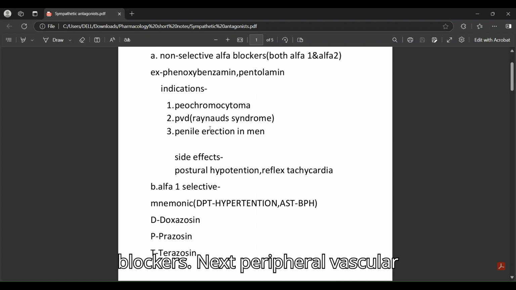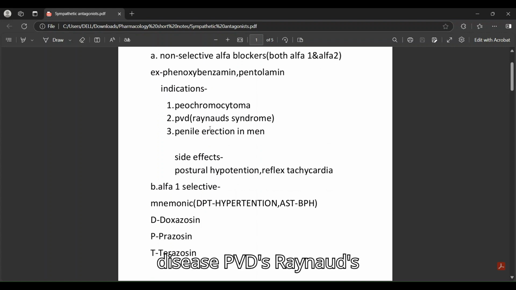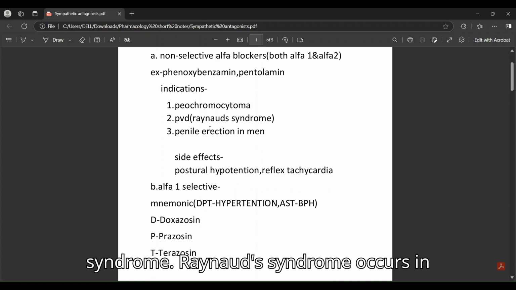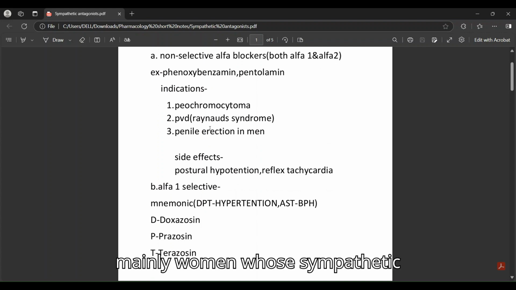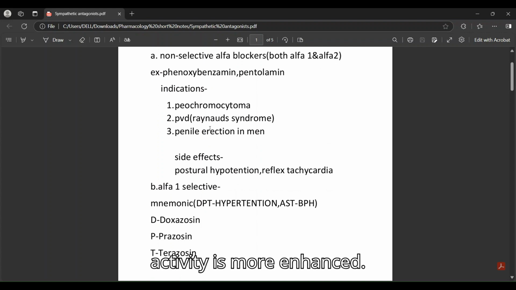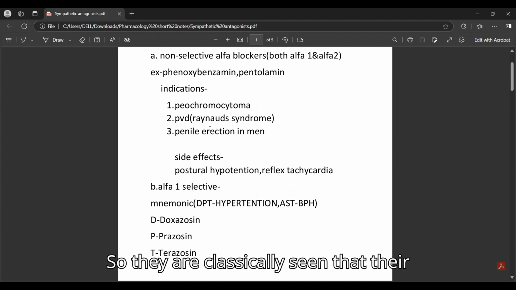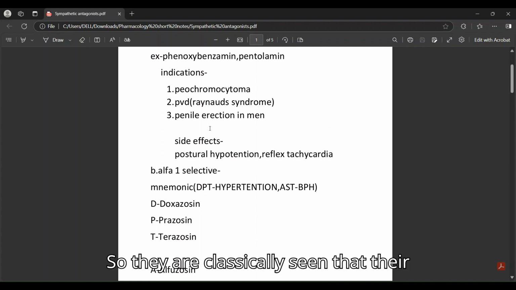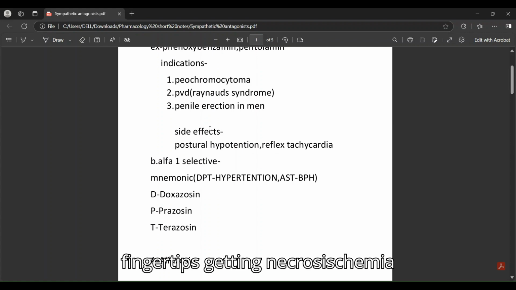Next, peripheral vascular diseases, PVDs. Raynaud's syndrome occurs mainly in women whose sympathetic activity is more enhanced. They are classically seen with fingertips getting necrosis, ischemia, and gangrene.